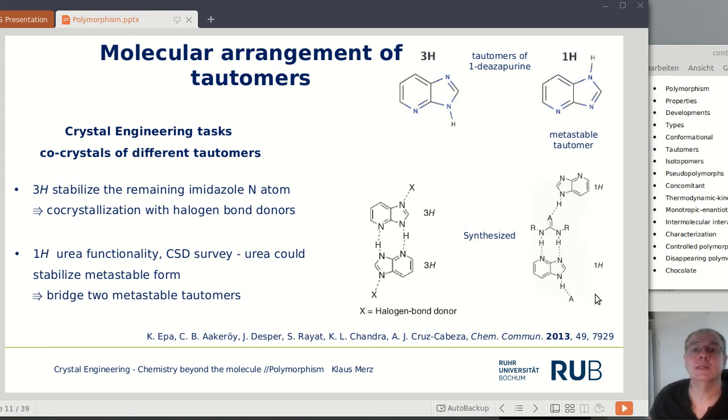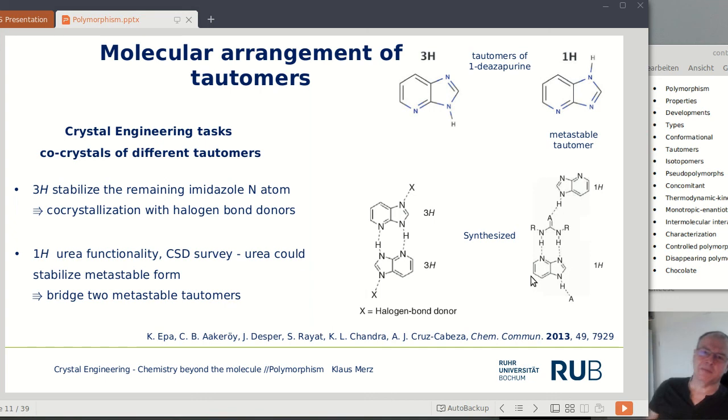Very nice, you see it here. These are our two compounds, and something like a chain is forming here, and because it has a second group here, a second interesting position, it is stabilized in the chain by additional interaction. So we have a chain here, and this is stabilized by urea forming a second interaction.